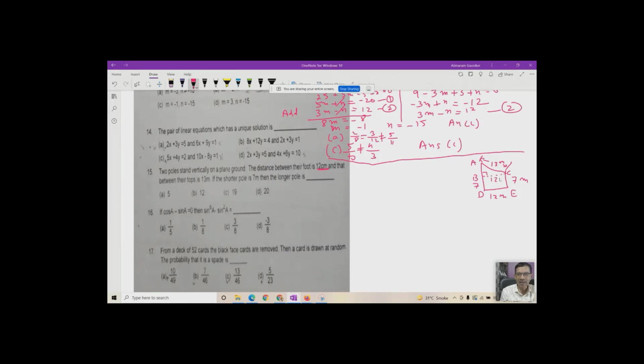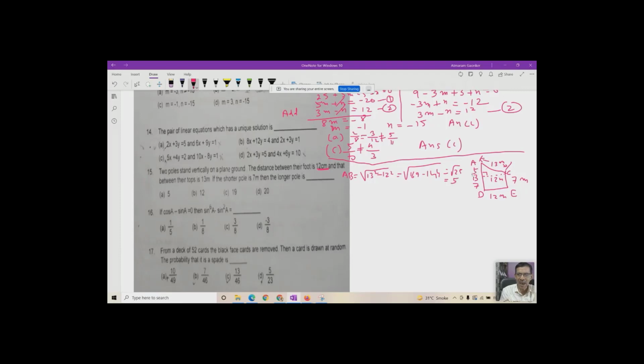This is 12 meters, this is 13 meters. So AB you can find out. AB is square root of 13 square minus 12 square, and 13 square is 169, 12 square is 144, this will work out as square root of 25, or AB is 5.